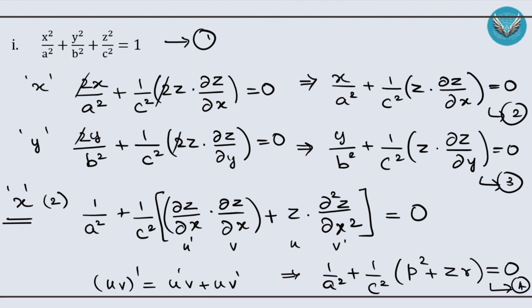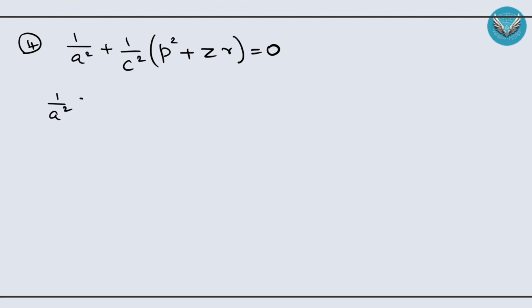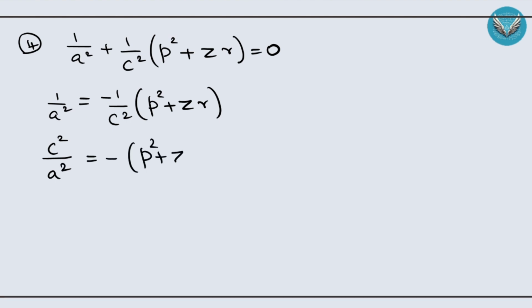Equation 4 is 1 by a square plus 1 by c square into p square plus z into r is equal to 0. Right? From this, 1 by a square is equal to minus 1 by c square into p square plus z into r, which gives c square by a square is equal to minus of p square plus z into r.